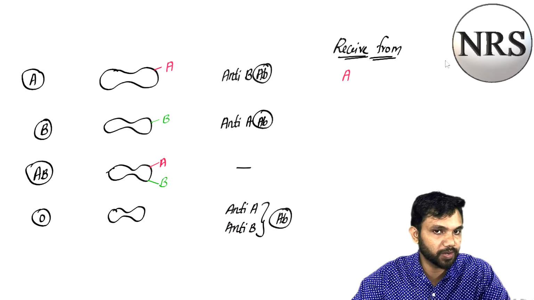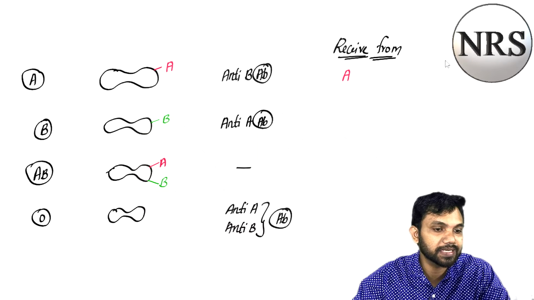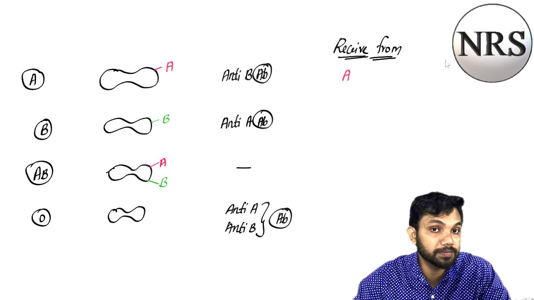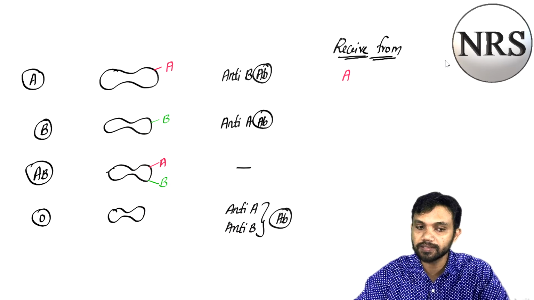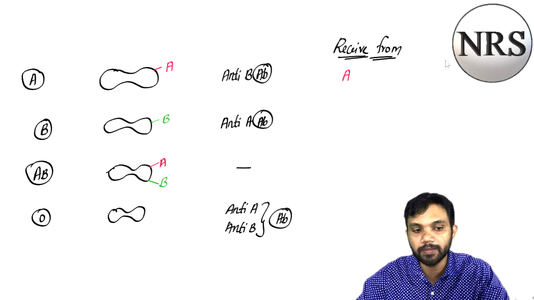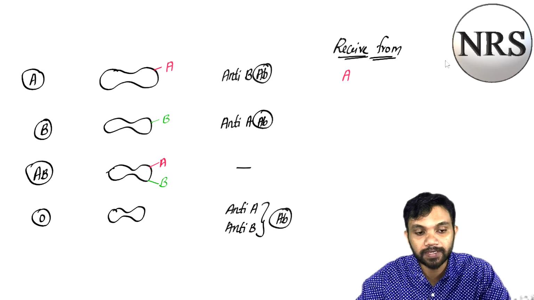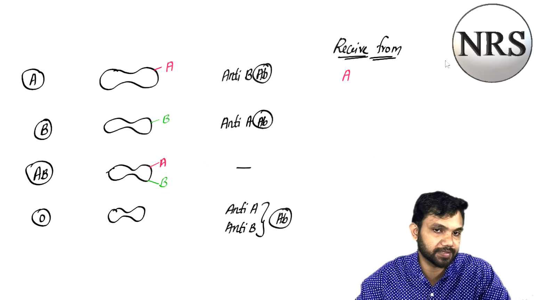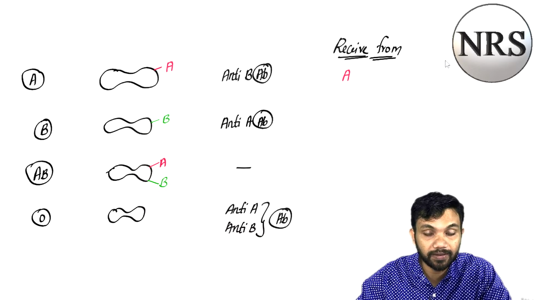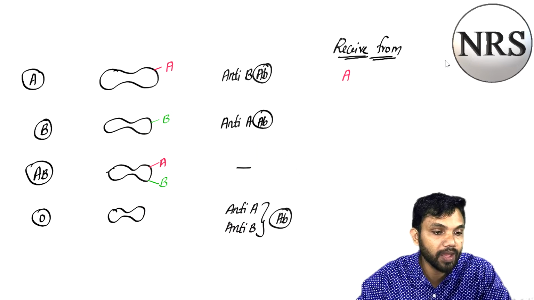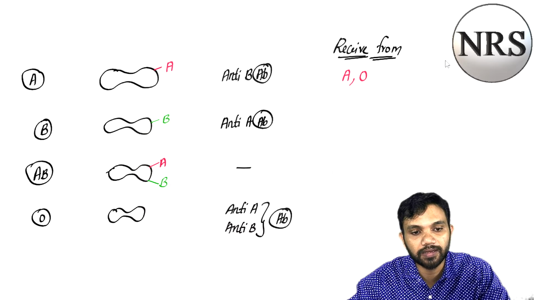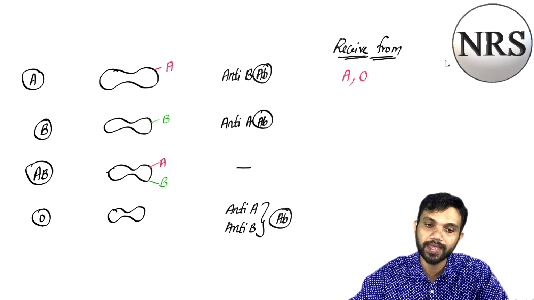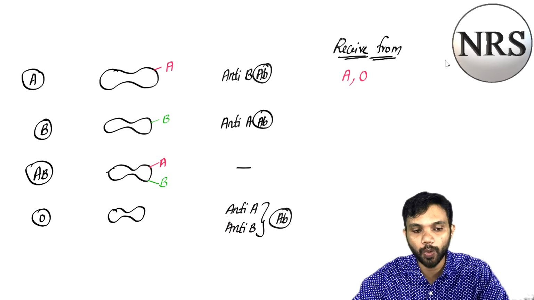Absolutely not, because they have anti-B antibody, which will destroy the B antigens. Can they receive from AB? Again no, because AB also has B. Can they receive from O? Yes, because O persons don't have A or B antigen, so it is safe to transfuse. So A can receive from A and O.